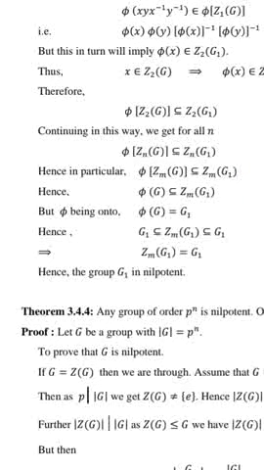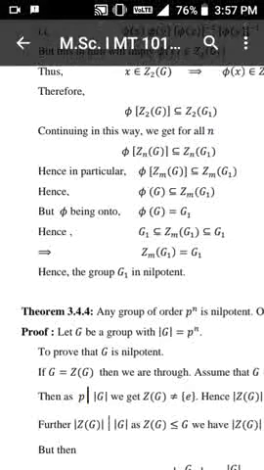φ(Z1(G)) is a subset of Z1(G1), and hence in particular φ(Zm(G)) is a subset of Zm(G1), and hence φ(G) is a subset of Zm(G1). But φ is onto, therefore φ(G) is equal to G1.